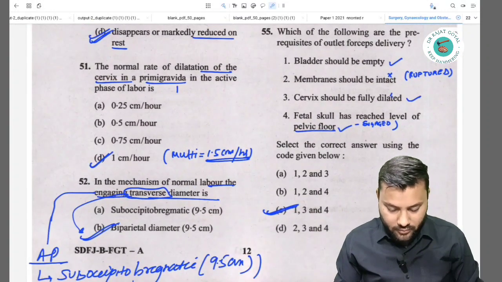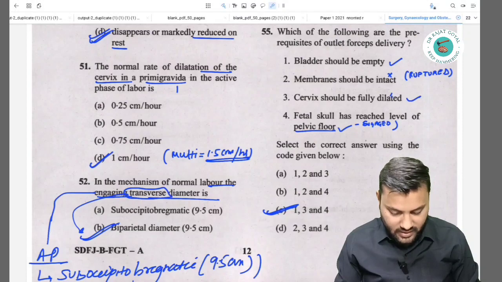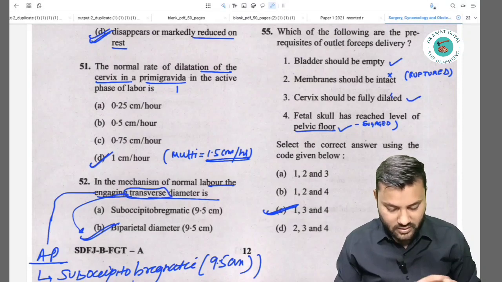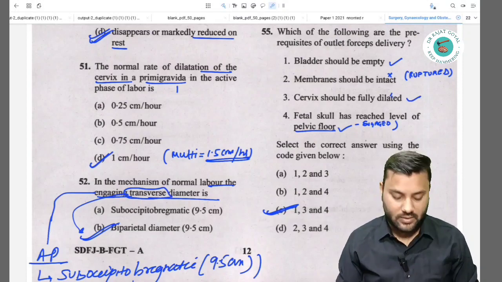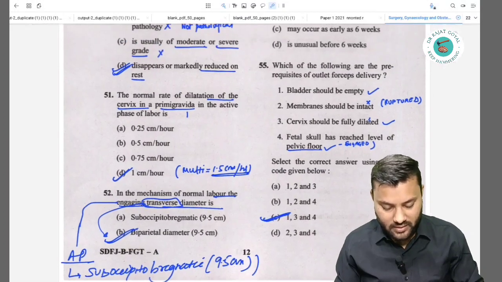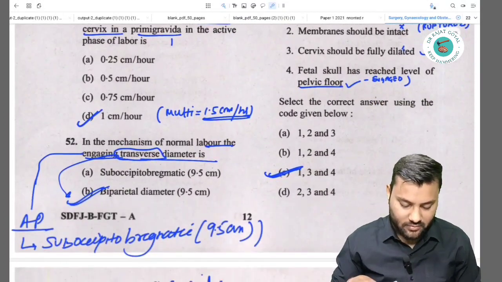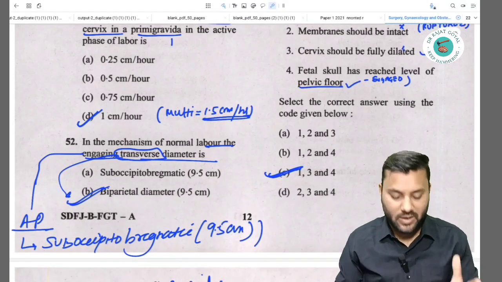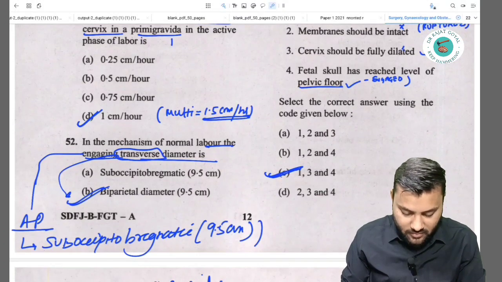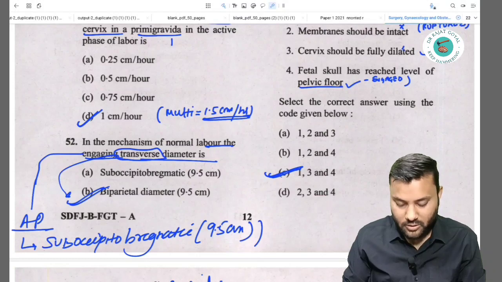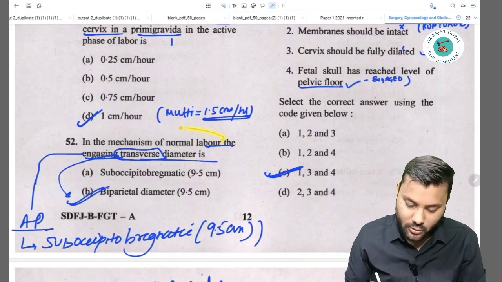In the mechanism of normal labor, the engaging transverse diameter is asked. The transverse diameter generally is the biparietal diameter, and whenever the AP diameter is talked about, the AP diameter will be the suboccipito-bregmatic diameter in normal labor.